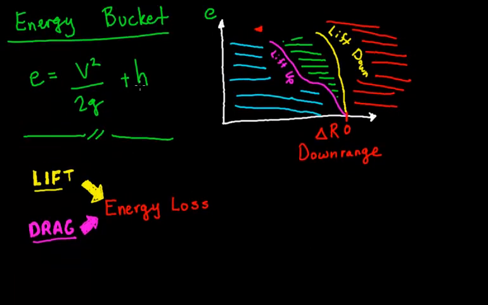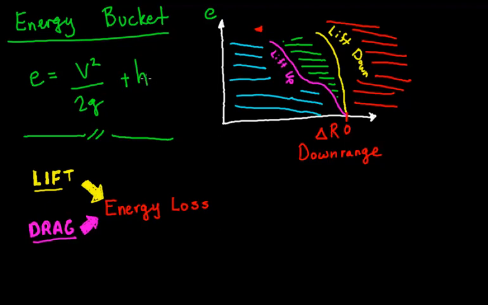Because if you're going down and gravity's working on you, your altitude is decreasing. But you might know that gravity is a conservative force, which means that you can trade altitude for velocity, or you can trade velocity for altitude. So just when you're under the influence of gravity, it turns out your energy is constant. So this term plus this term is a constant when you're only acting under the influence of gravity.